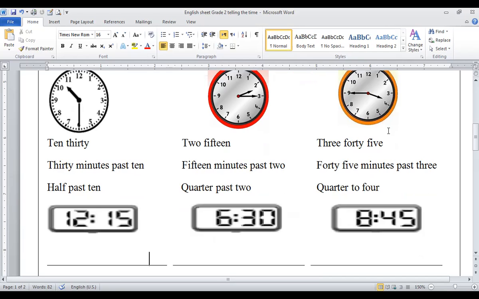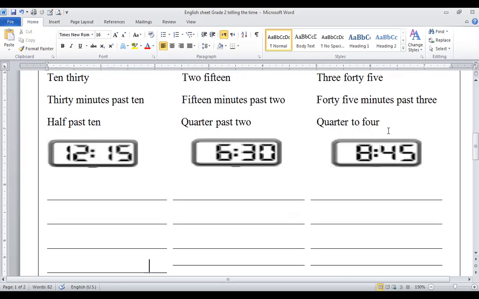Now, boys, same, I give you space here. You write the time like this. Here write 12:15, 15 minutes past 12, quarter past 12. And here 6:30, half past 6, or 30 minutes past 6. And here you write 8:45, quarter to 9.